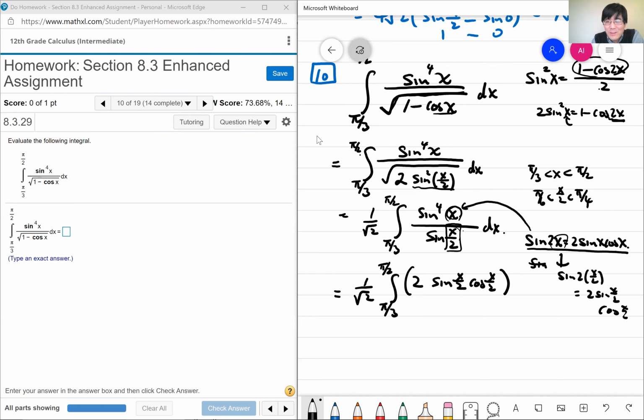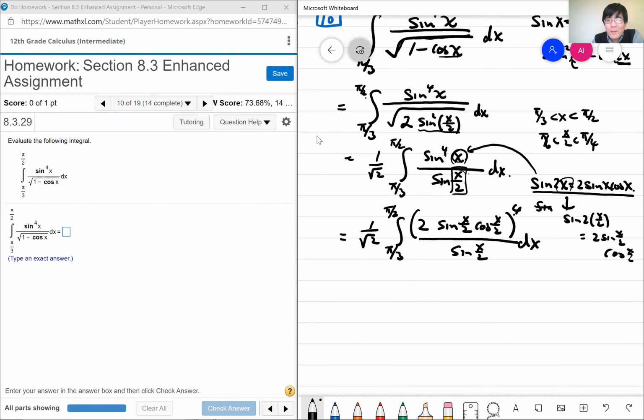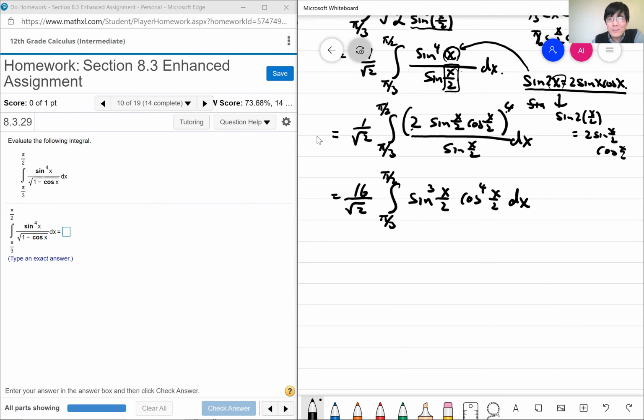So that's half double angle identity to the power of 4th divided by sine x over 2 dx. So 2 to the 4th is going to be 16, and 16 can be put outside because it's a numerical constant. The sine to the power of 4th canceling with the bottom one, so it's going to be like this. And you still have cosine to the 4th power here. Now you reduce the problem into something we have done previously.